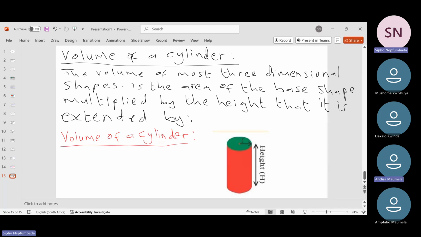Is it possible to end after you are done with the formula of the volume of a cylinder? What do you mean?